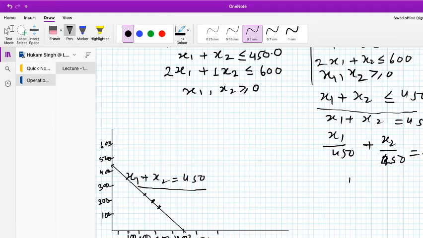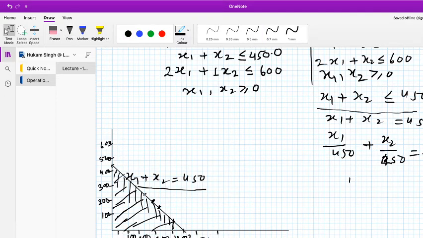It means all the points below this line will satisfy the constraint, including this line.